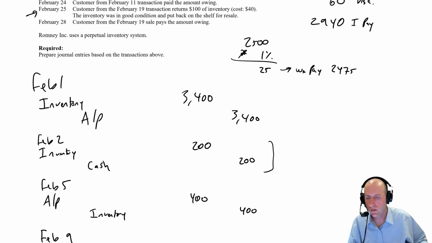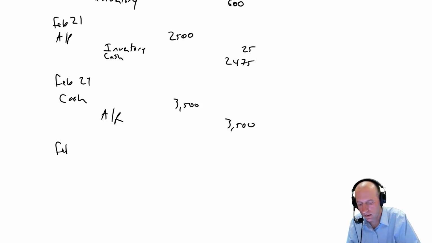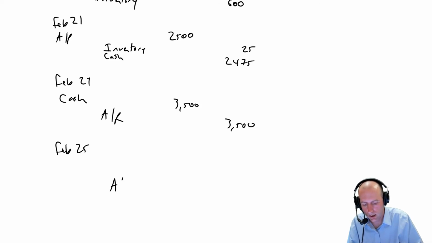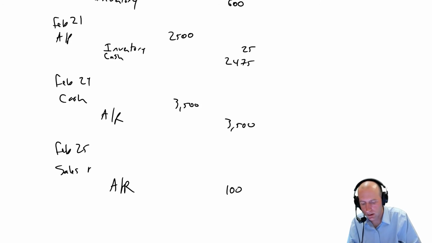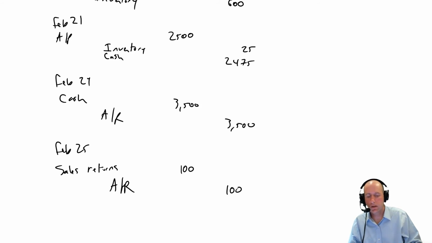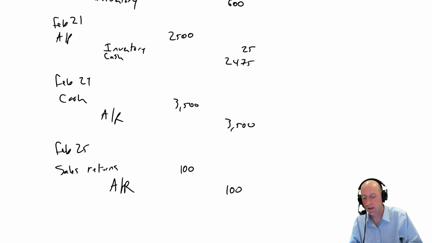This was on February the 25th. Credit AR by $100. The debit is to sales returns, $100. So they've returned the item. It goes to this contra revenue account called sales returns.